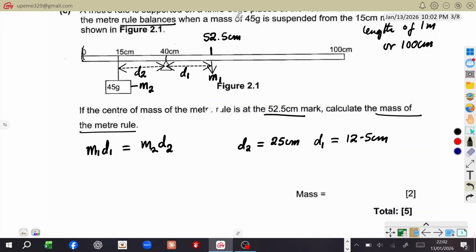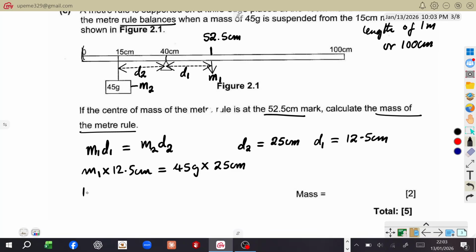So mass 1 is an unknown, so mass 1 times D1, which is 12.5 centimeters, equals M2, which is 45 grams, times D2, which is 25 centimeters. Then we'll multiply M1 times 12.5 centimeters.